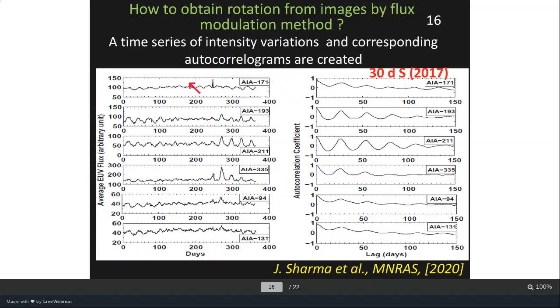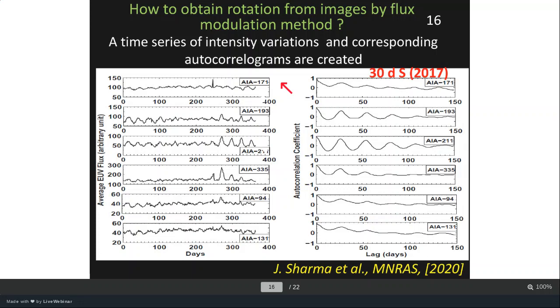This variation belongs to AIA 171, and this variation in intensity belongs to 193 angstrom. This belongs to 211 angstrom. This belongs to 335 angstrom. This variation in intensity belongs to 94 angstrom, and finally this variation in flux belongs to the AIA 131 channel. The right panel contains the corresponding autocorrelogram of the flux.